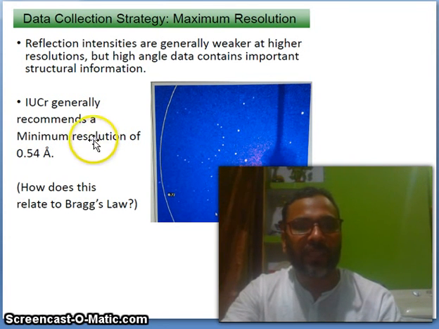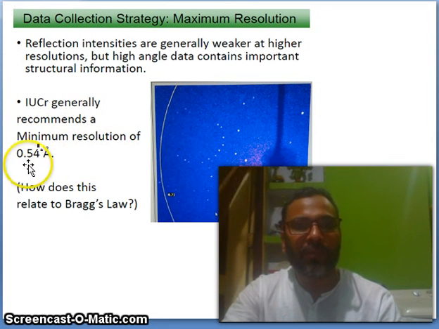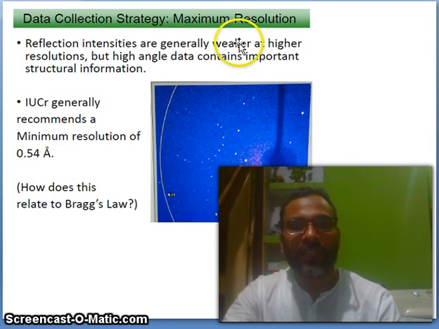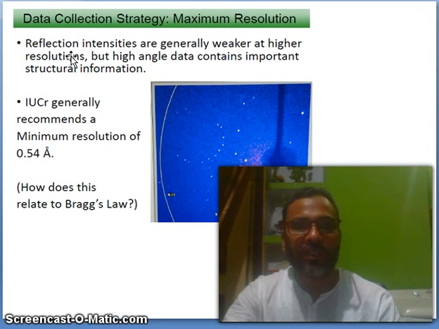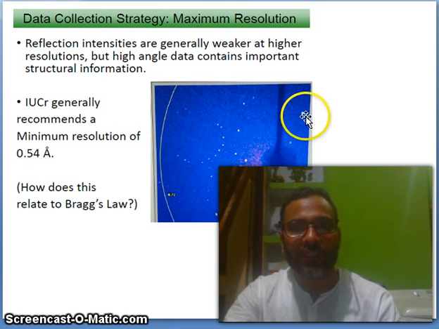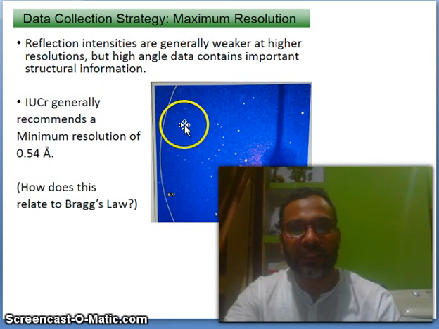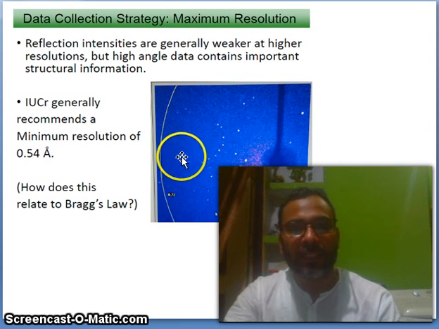The IUCr generally recommends a minimum resolution: your resolution should be at least 0.54 angstrom. Higher resolution is weaker, but high angle data contains important information. You see this high and this low, with large angles near the beam.